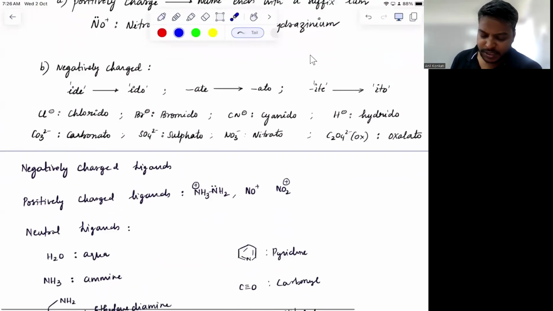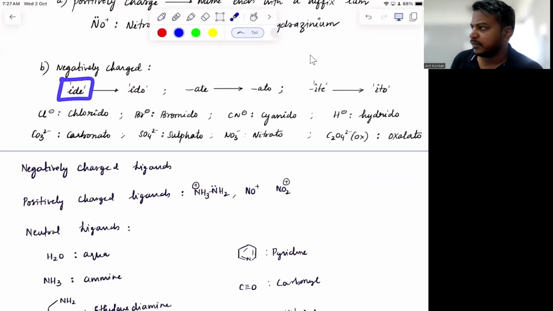Next, in case you have negatively charged ligands, if you have an ide form, a salt ending with ide, we will write it as ido. Ate form, ato; ite form, ito. So chloride will end with ido, chlorido. Carbonate will end with carbonato. Bromide ends with bromido.